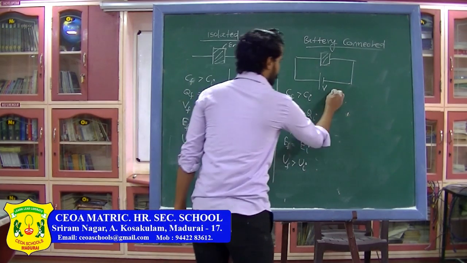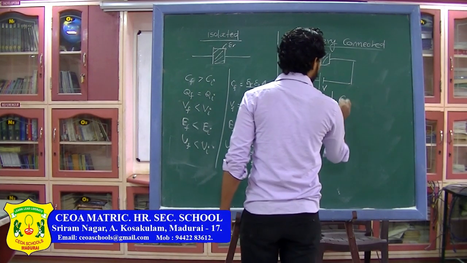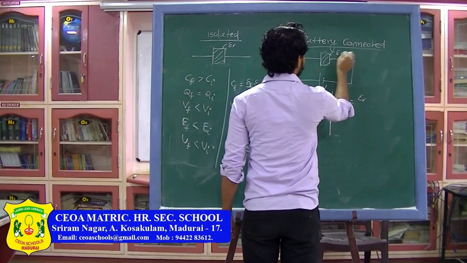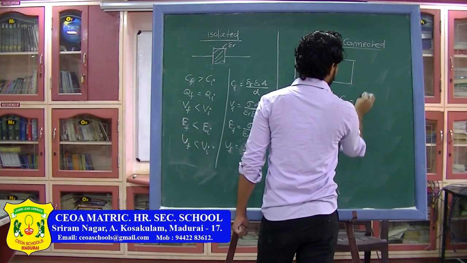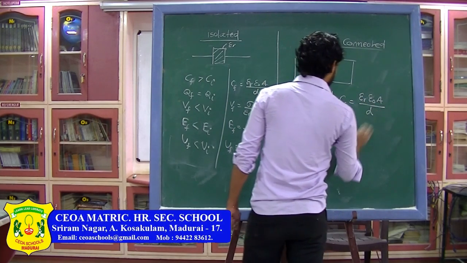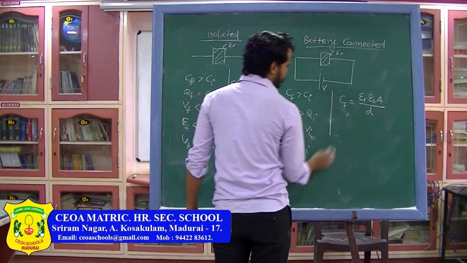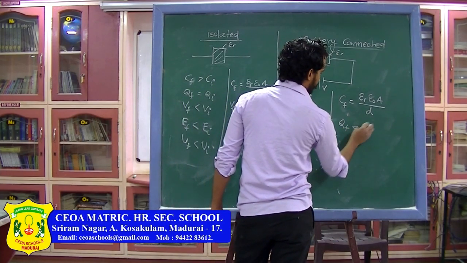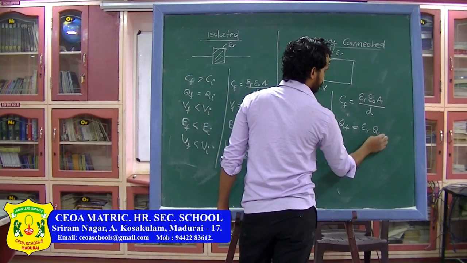Here again final capacitance can be written as epsilon r times C initial, final charge can be written as epsilon r times Q initial.